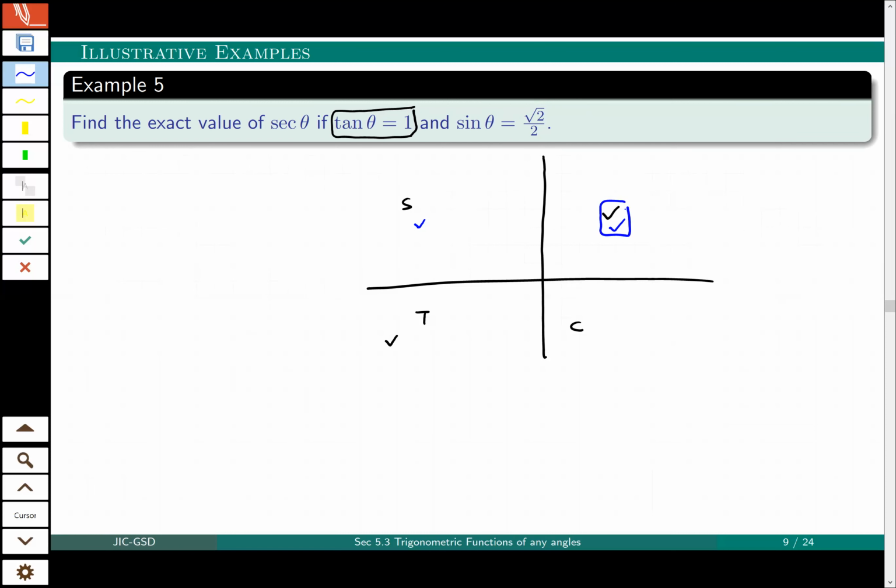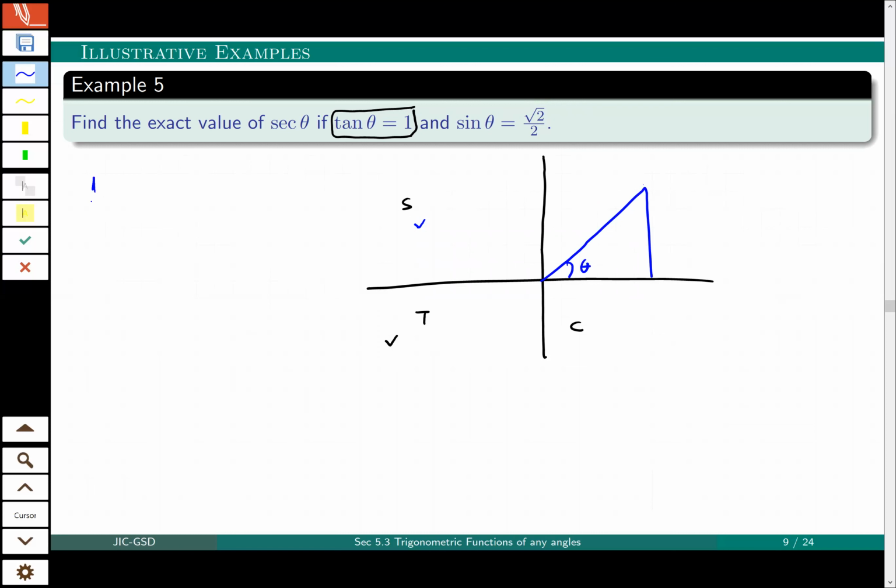So our angle should be in quadrant number 1. In quadrant number 1, when we draw the triangle, this is our angle theta.